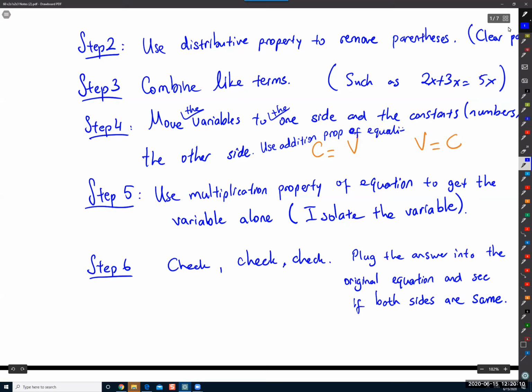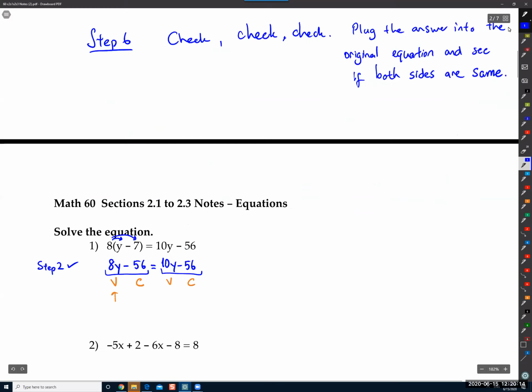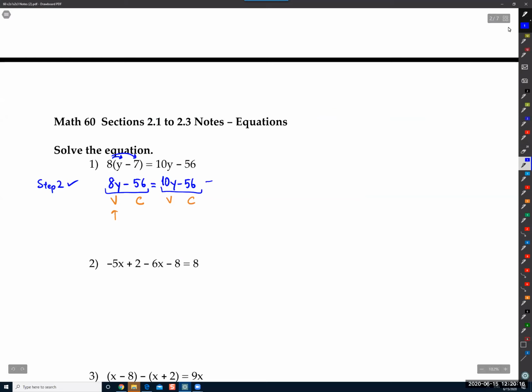Sorry, I forgot to mention that. I say move it, but how? Like, what do you mean? How am I going to move it? Moving means you make things disappear, a little bit of mathematical magic. So I will subtract 8y from both sides because that's a legal operation.